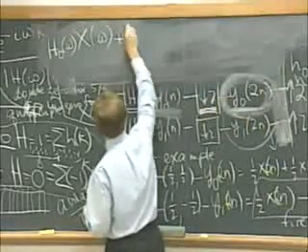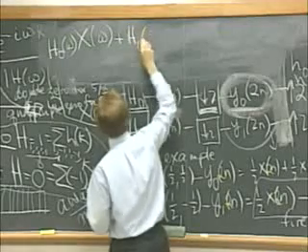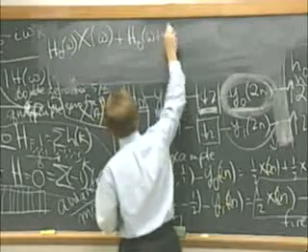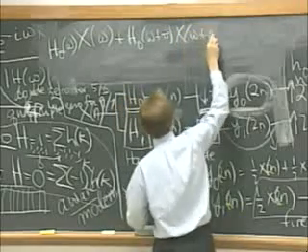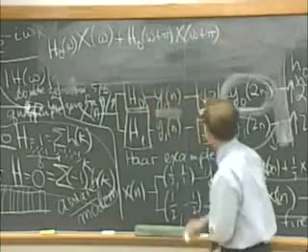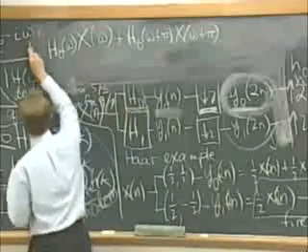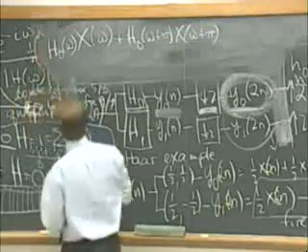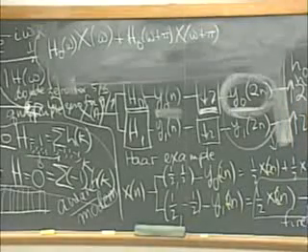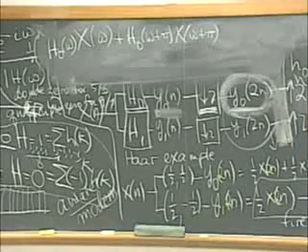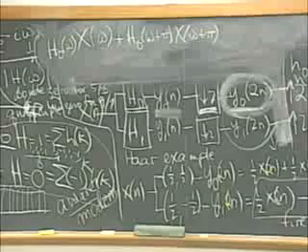So at this stage, the aliasing is H0 of omega plus pi, X of omega plus pi, maybe times a half. I'm sorry about that, but that's what happens.